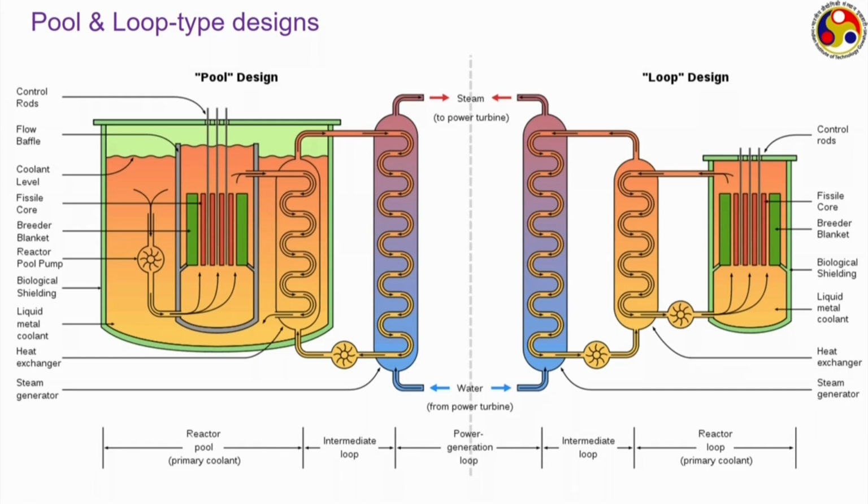design. In case of pool type design, we have a large pool of liquid sodium, and the reactor core, the pump which is this one, and also the intermediate heat exchanger like this one, all are immersed into the pool itself. Liquid sodium is pumped by this pump to pass through the reactor core, from where it gets the energy and then it enters this intermediate heat exchanger.